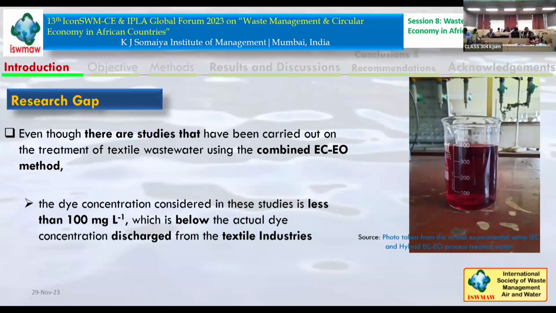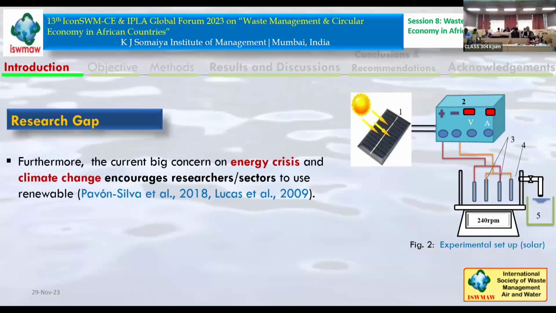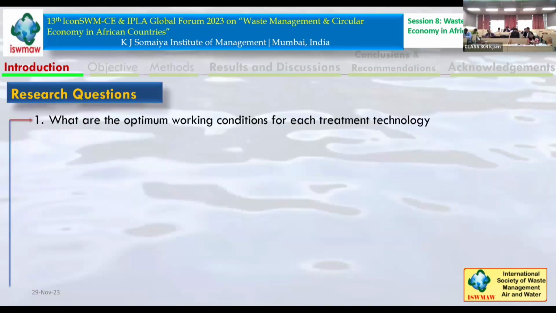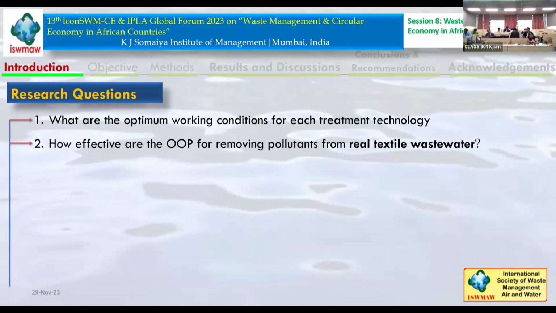But in this research, we considered the exact dye concentration expected from textile industry wastewater. In addition, the big concern about the energy crisis and climate change encourages researchers and sectors to use renewable energy. For this purpose, we used solar energy as a renewable energy for the treatment.